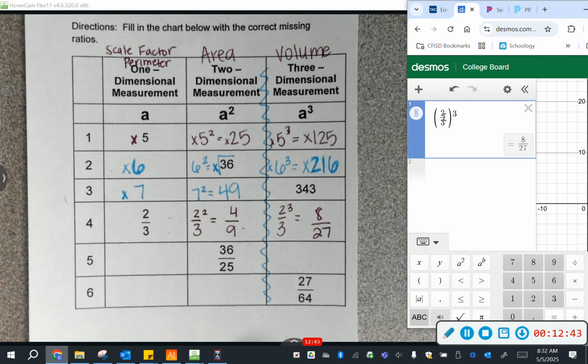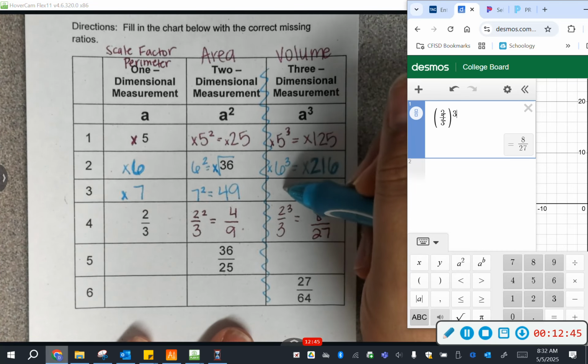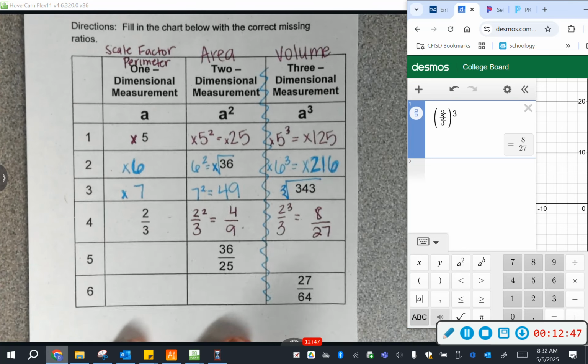Oh, by the way, to cube root, we do a little 3 with a square root sign. That's a cube root.